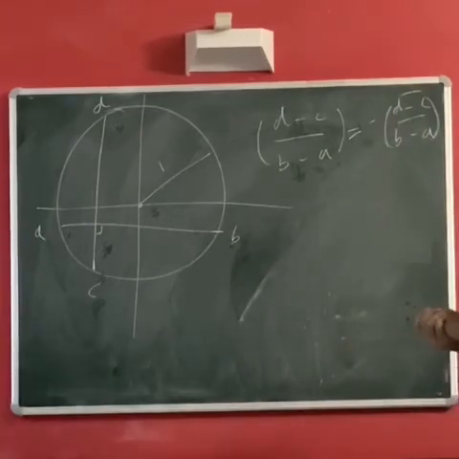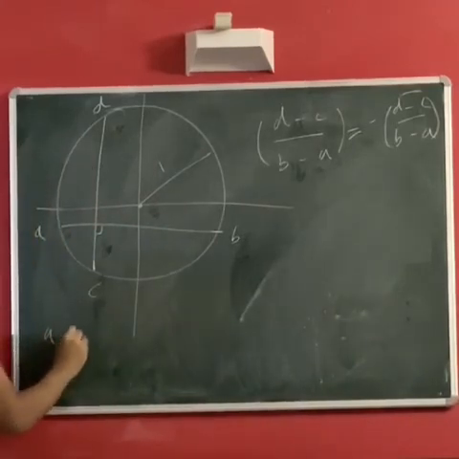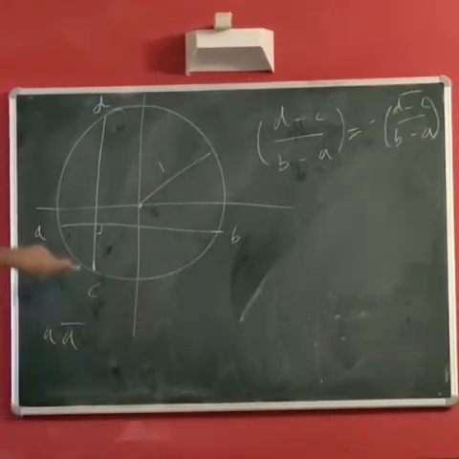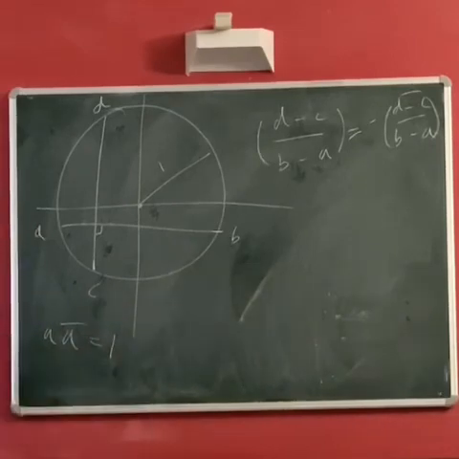But the speciality over here is that we know something about a a conjugate, b b conjugate, c c conjugate, d d conjugate. That is, all of them are equal to their modulus square, which in this case is 1. So a is 1 over a conjugate, b is 1 over b conjugate, c is 1 over c conjugate, d is 1 over d conjugate.